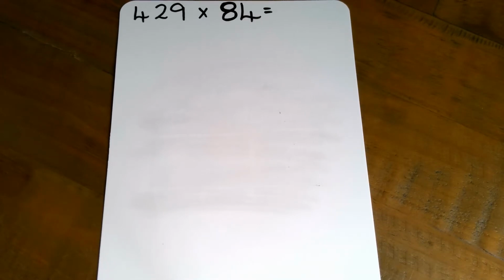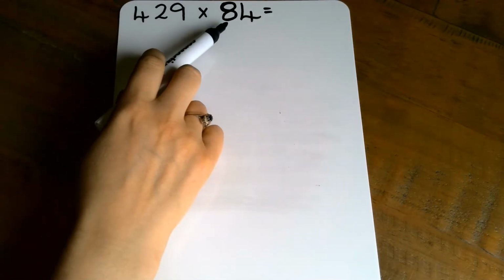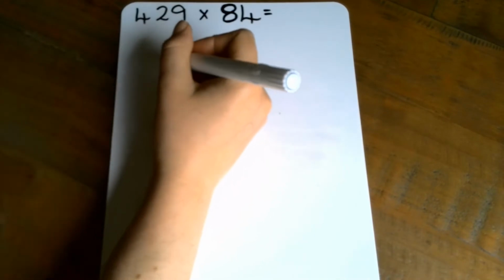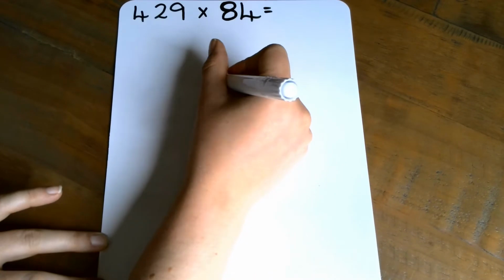So to solve this calculation, I need to use long multiplication because I'm multiplying a 3-digit number by a 2-digit number. So first I need to lay out my method.